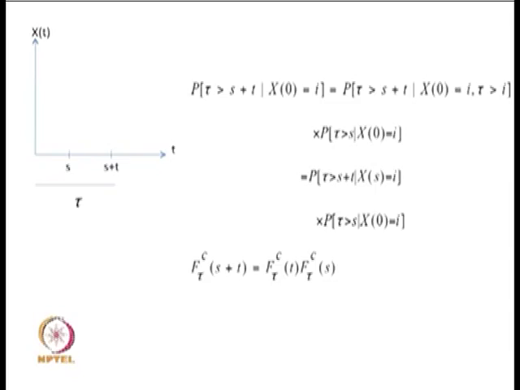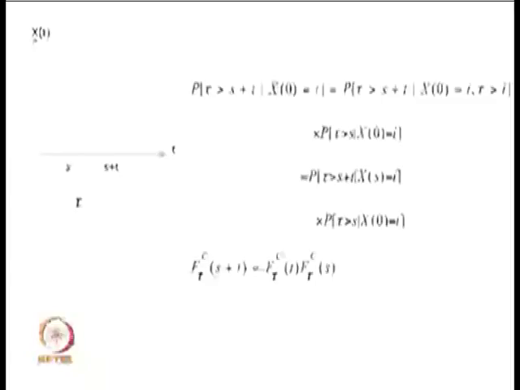For that, let me make a simple graph. This is t and this is X of t. Suppose you assume that the system was in the state I at the time point 0.